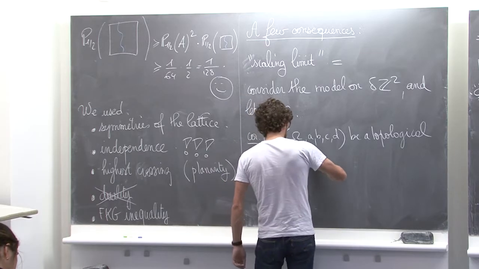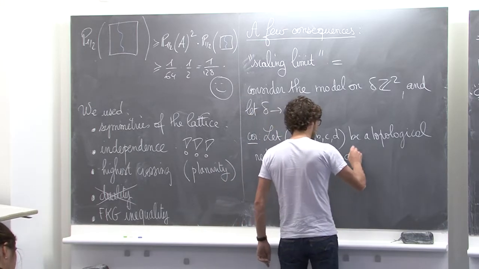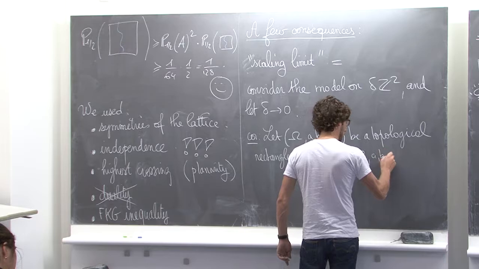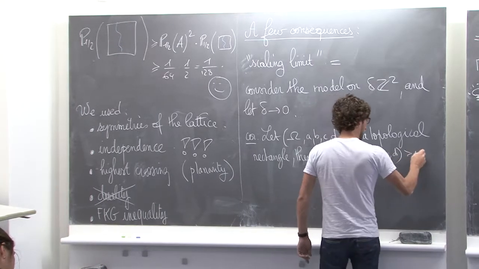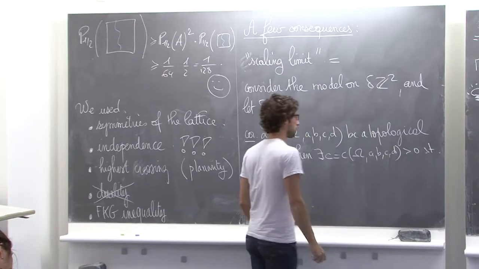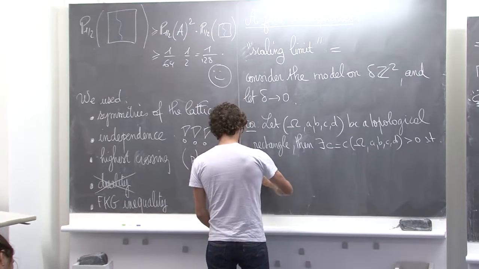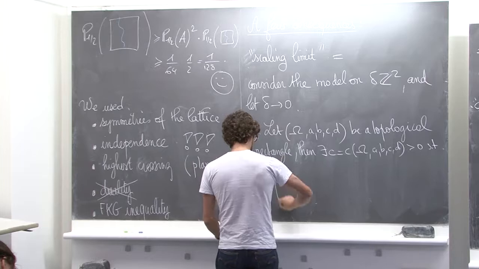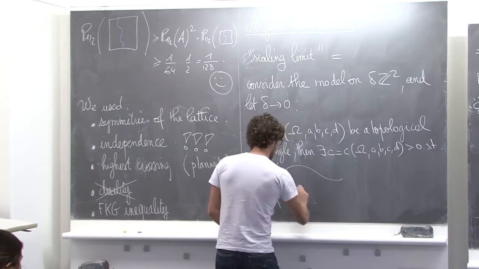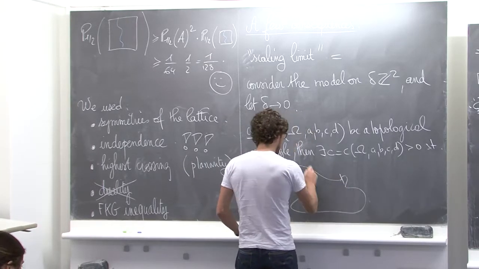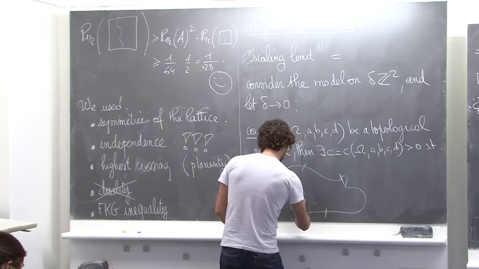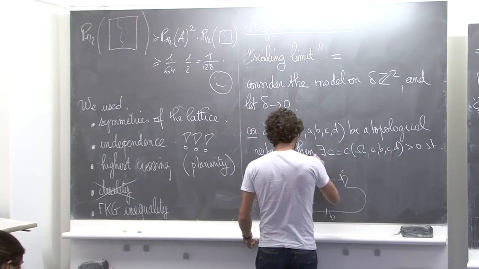Then there exists a constant C, which depends only on this topological rectangle, such that the probability at 1/2, if you take your topological rectangle, you take 4 points A, B, C, and D on the boundary.